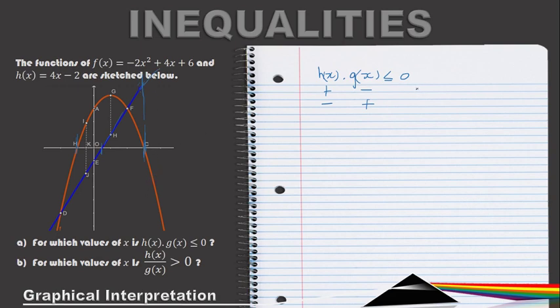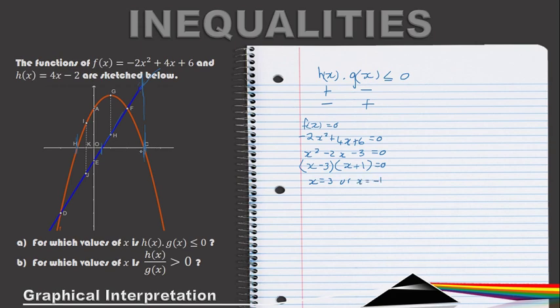Now if we solve for this, we previously solved for this, let me just do that again, where f(x) is equal to 0, that was where minus 2x squared plus 4x plus 6 equals 0, so that was x squared minus 2x minus 3 equals 0, so where (x minus 3)(x plus 1) equals 0, so that was where x is equal to 3 or where x is equal to minus 1.